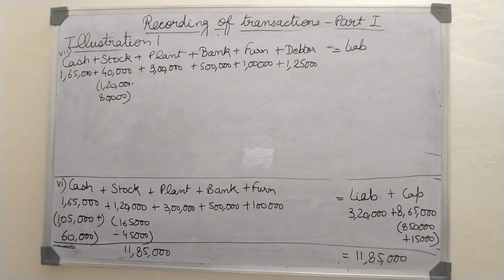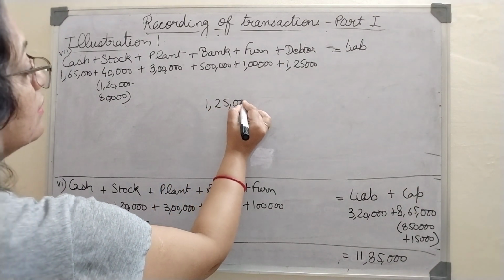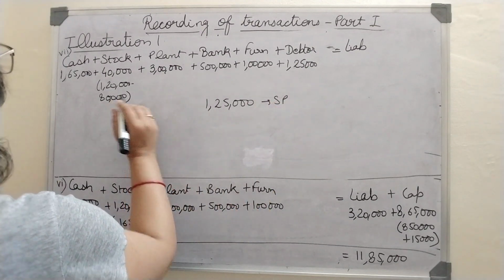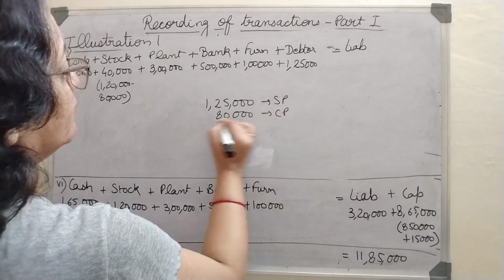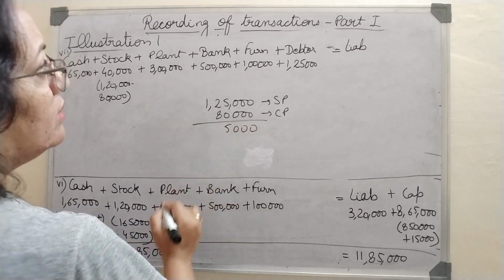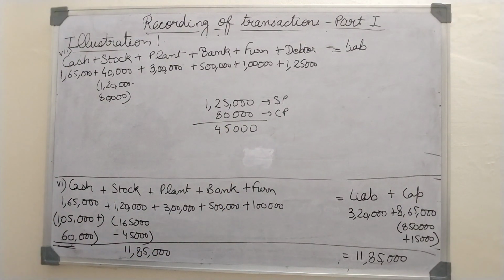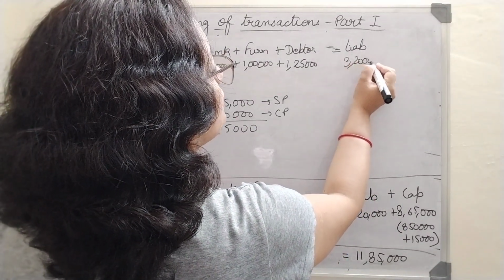Can anyone tell me? This is my SP. What was my cost? CP. 12 minus 8, so how much profit have I earned? Of 45,000. So liability remains the same, 3,20,000.